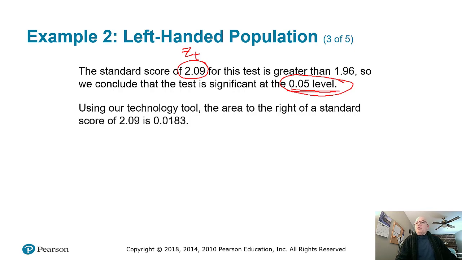So the 2.09 gives you a p-value, so at the 0.05 level of significance, you reject the null. At the 0.01 level of significance, you do not reject the null.